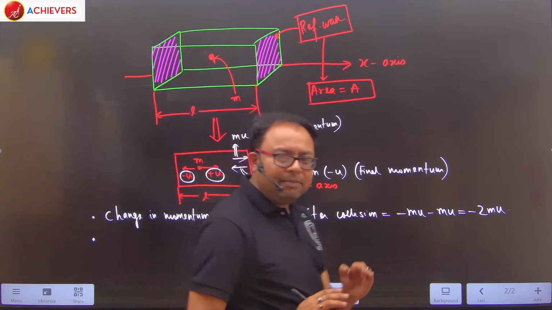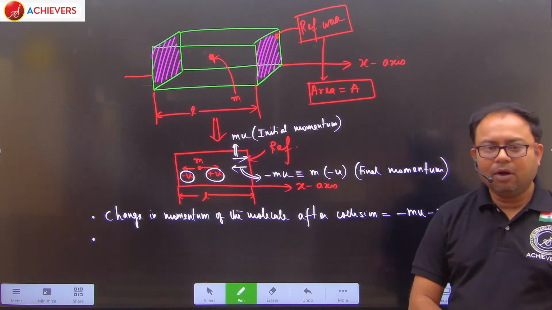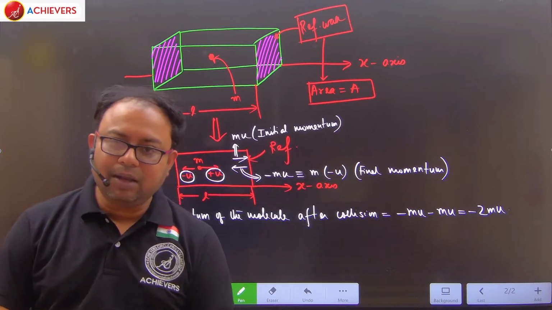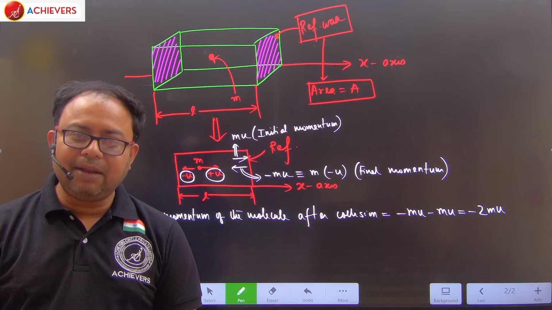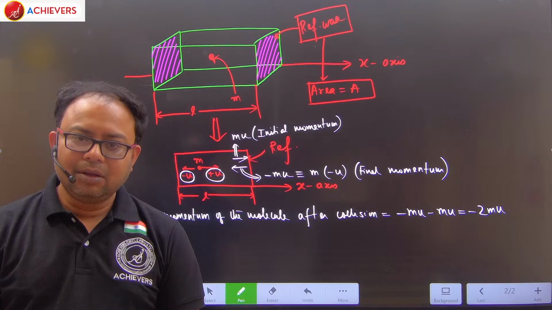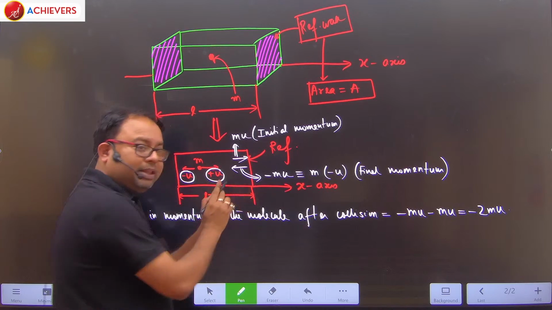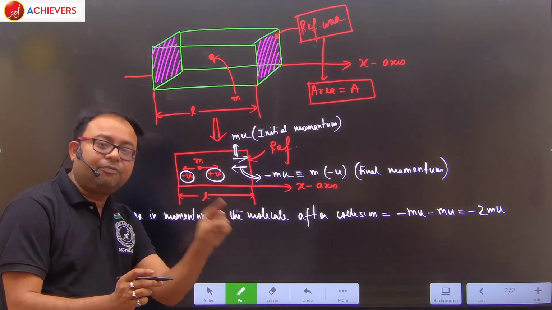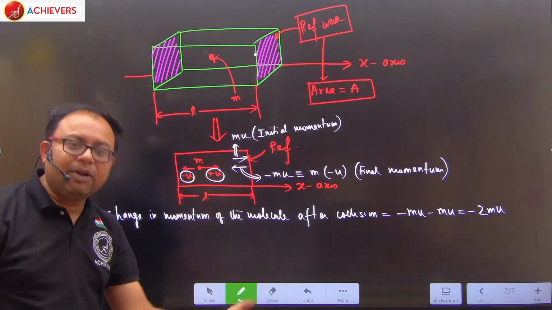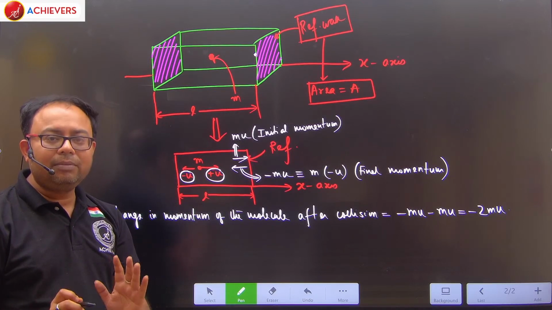What is the time lag between two consecutive collisions with the reference wall? In order to execute a collision with the reference wall just after a particular collision, what distance has it got to travel?